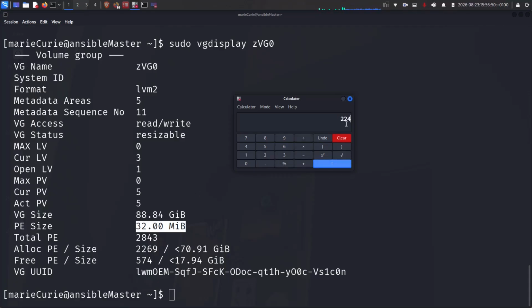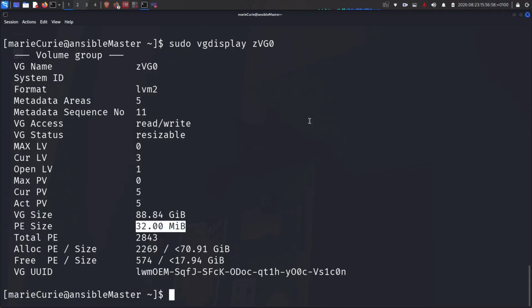Here you can see 224 PEs. We have to remove 224 PEs from the LVM. Okay, so sudo lvreduce -l -224 /dev/vg0/lvm1.